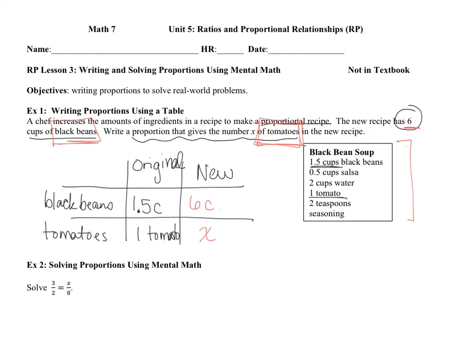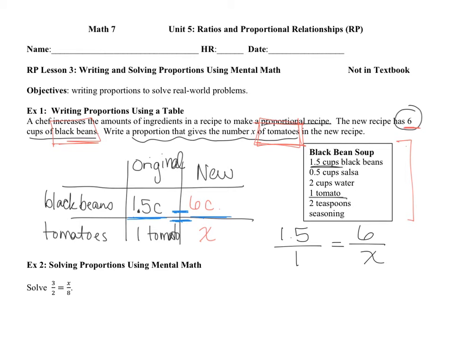We can take these 4 pieces of information and write a proportion by adding an equal sign, because a proportion is 2 ratios, and a ratio is comparing 2 quantities that are set equal to each other. And if we're consistent, look, there's a proportion hidden in there. 1.5 over 1 equals 6 over x.